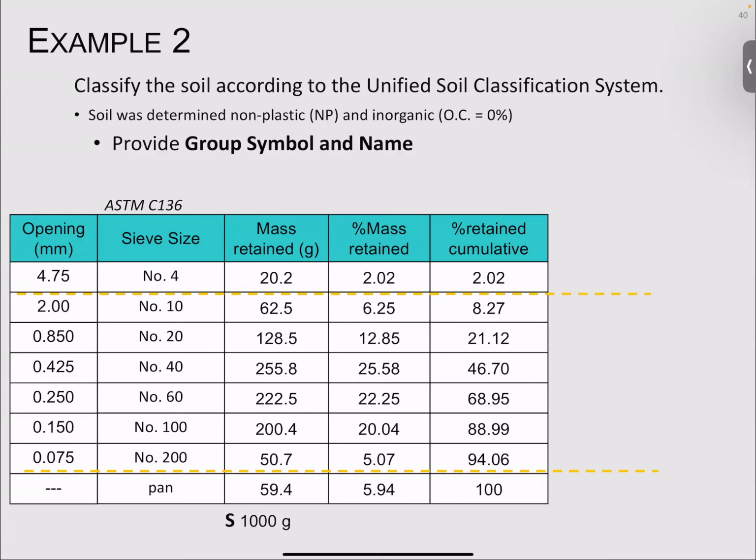So we would have our gravel fraction here. We know that this is going to be our gravel since it's above our number 4 sieve. So that's going to be about 2% gravel. Our percent retained for the fines here is going to be 5.94, so our percent fines really is going to be about 6%.